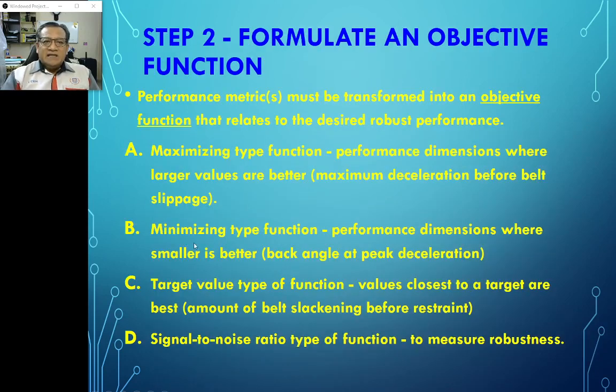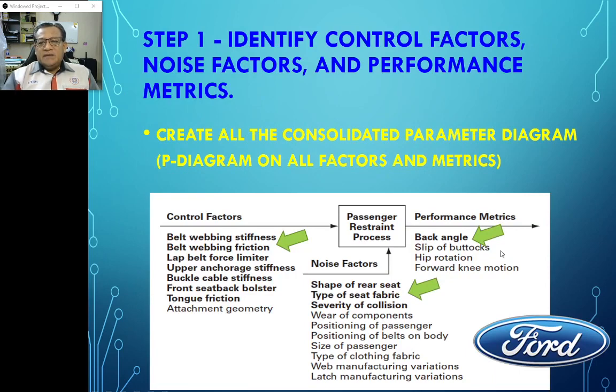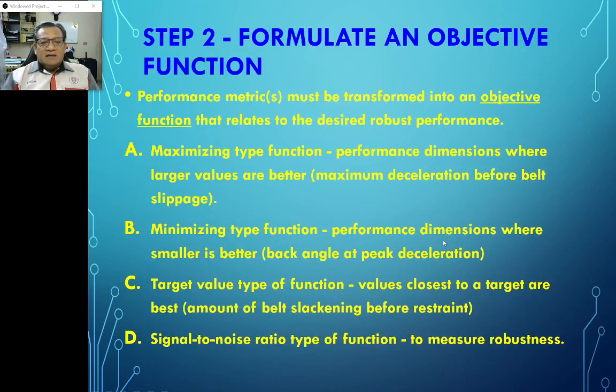So definitely in this kind of objective for the backseat passenger car test, you want to minimize, right? You want to minimize the back angle, which is the movement towards the front. Okay, so in this kind of test, engineers want to minimize the back angle, so they must achieve the objective function of minimizing type, which is performance dimension where smaller is better.